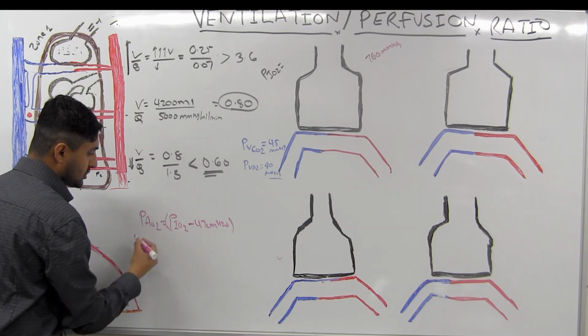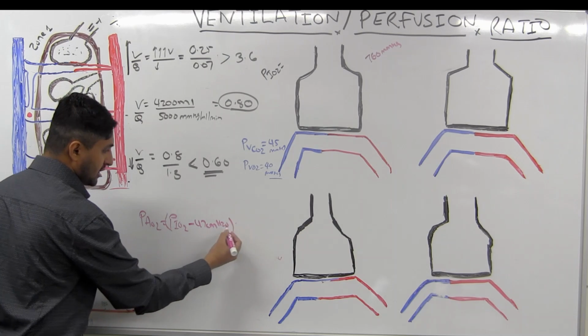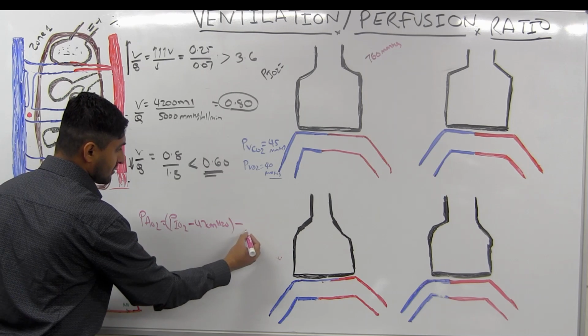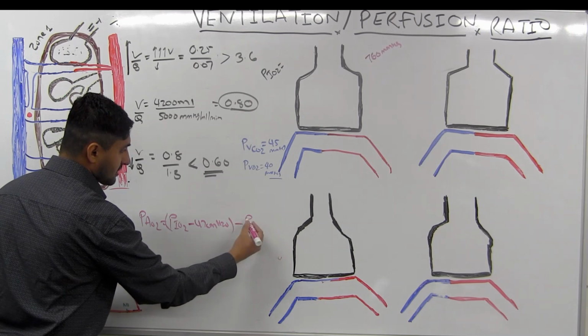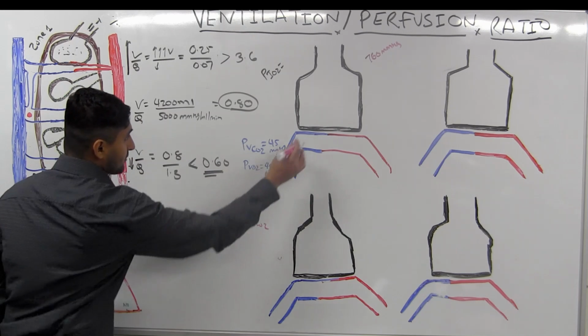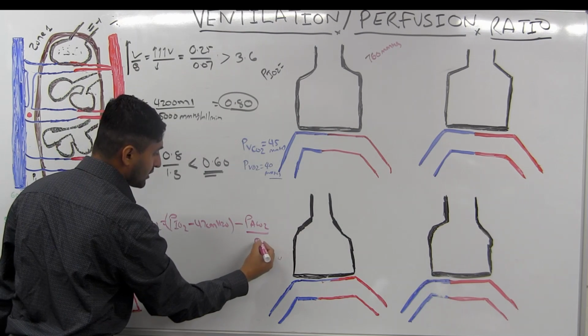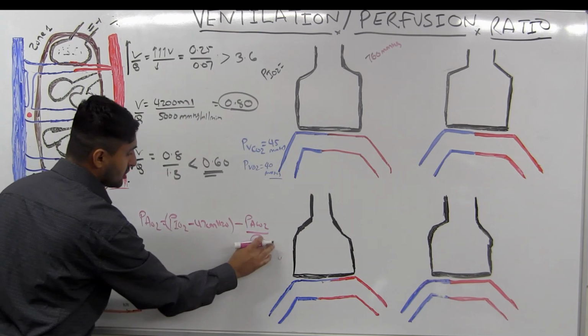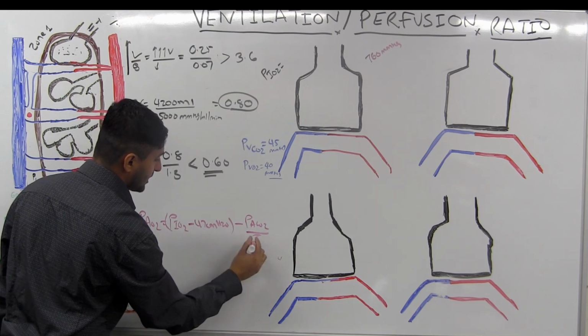Then you subtract the partial pressure of carbon dioxide in the arterial and alveolar side, divided by R. And what is R? It's the ventilation and perfusion ratio, which is 0.80.